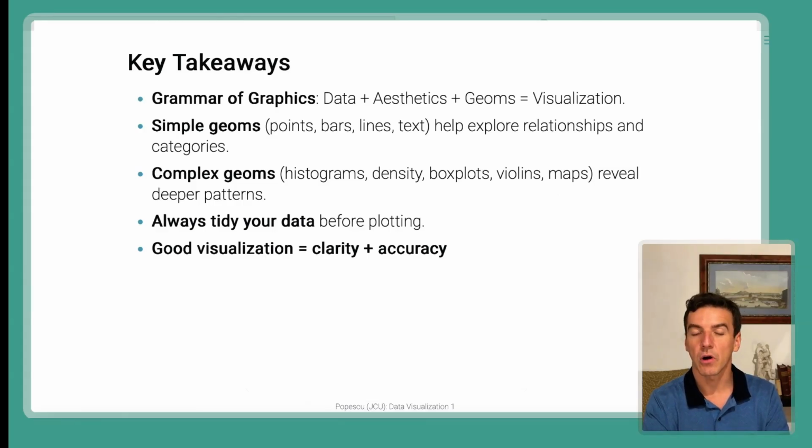Complex geoms are things like histograms, density plots, box plots, violins, and maps that help us further reveal patterns in our data. So maybe one important takeaway is that it's always important to tidy up your data before starting visualizing. Good visualizations entail good clarity and accuracy.